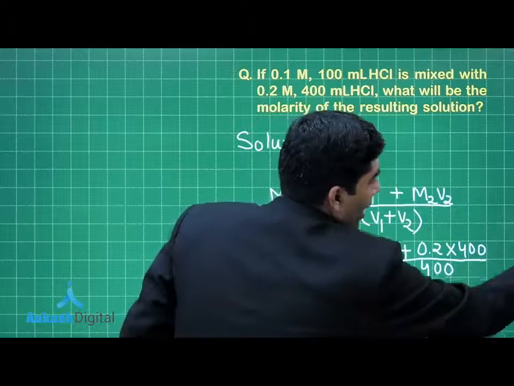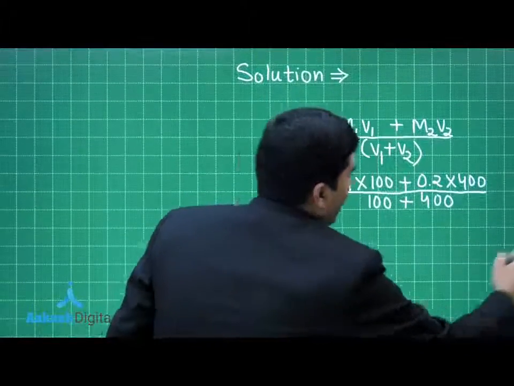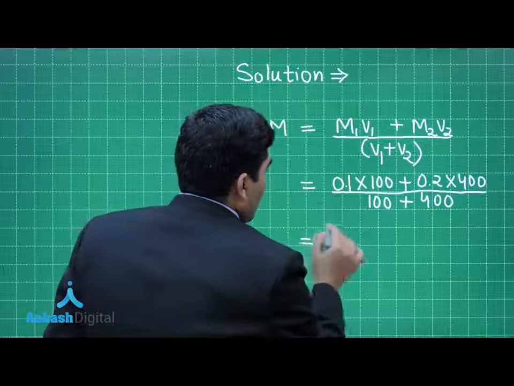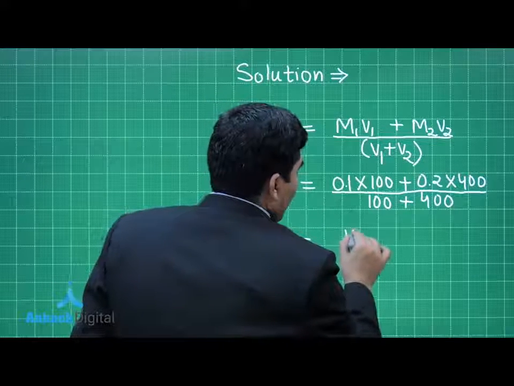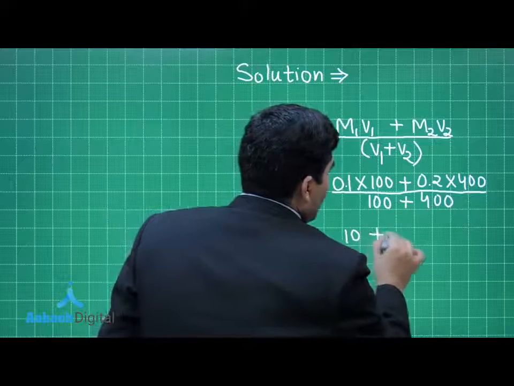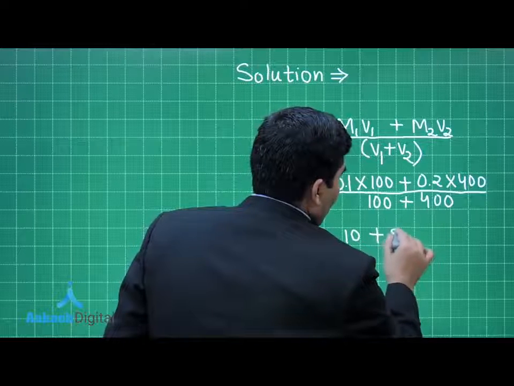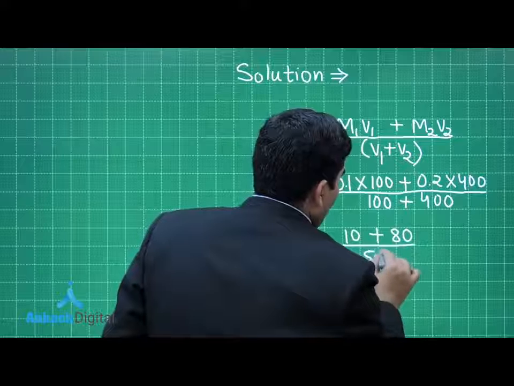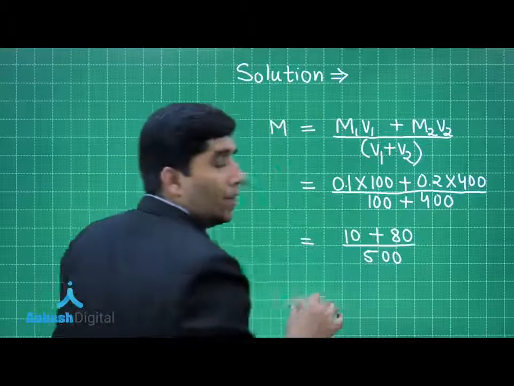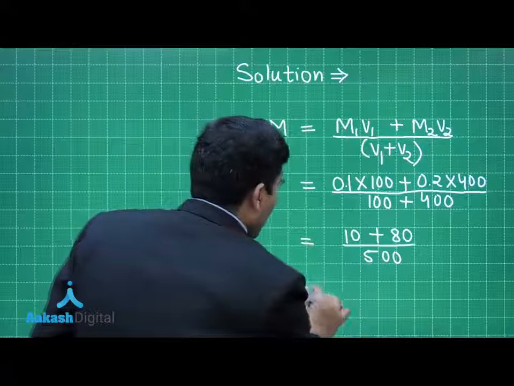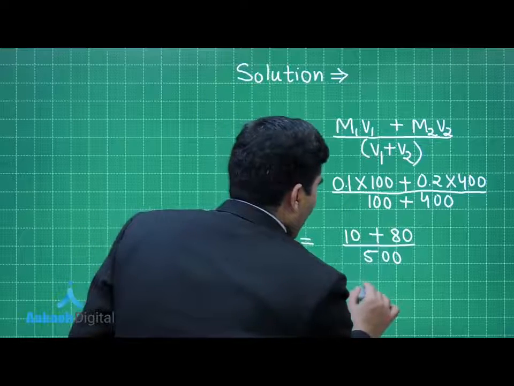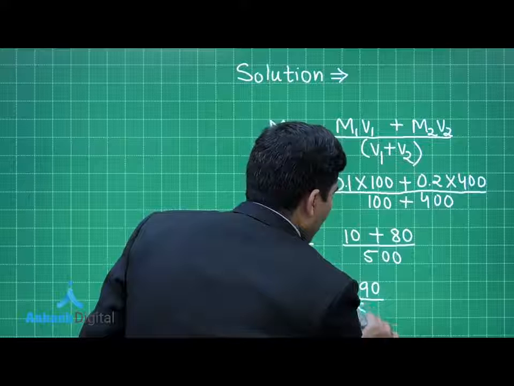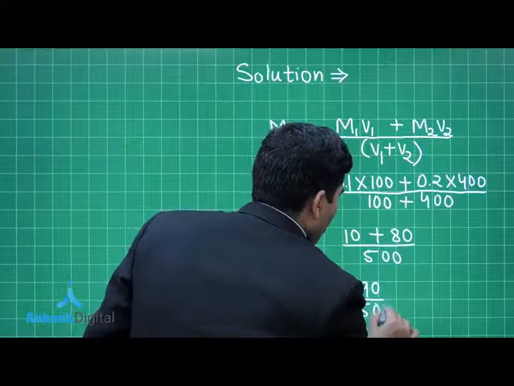If we solve it further, we get 10 plus 80 divided by 500, and further 90 divided by 500.